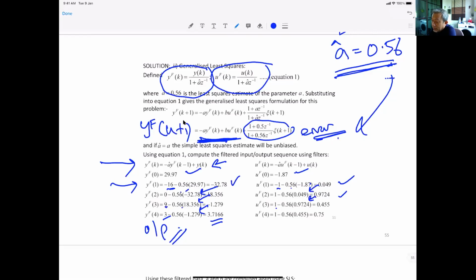Then UF4 is 1, from the data, minus A cap multiplied by 0.45 from UF3, then you get UF4, 0.75. So you have 4 Y filtered and 4 input filtered.